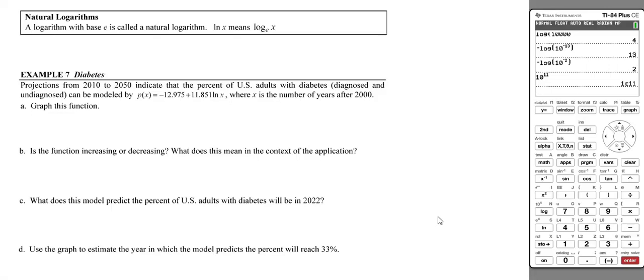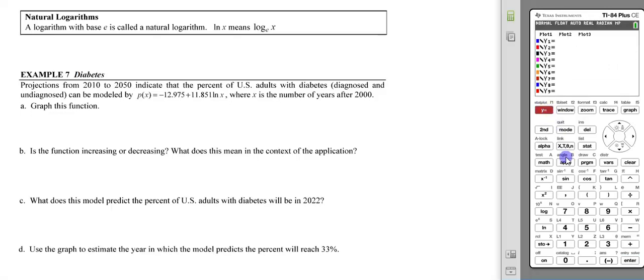Let's graph this function. Go ahead and go to y equals and put that function in there. Negative 12.975 plus 11.851 times the natural log of x. And always safe to go ahead and close that argument.